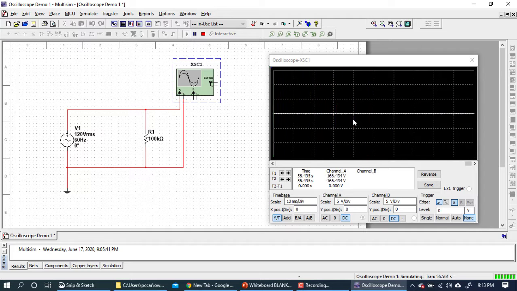On the horizontal axis, it's going to measure time, in other words, how much time has transpired since this signal began or started. The other thing that the oscilloscope measures, vertically, is voltage. So it's a voltage versus time measuring device, and that's it.